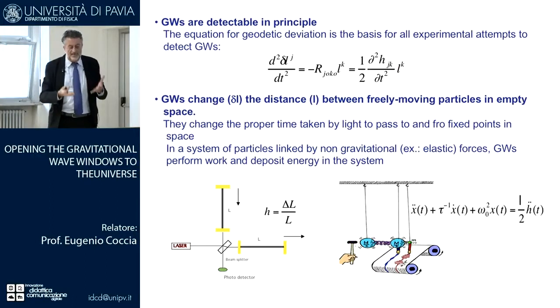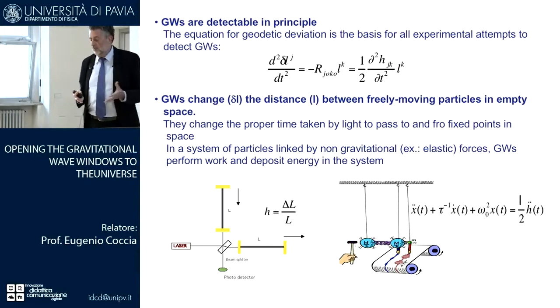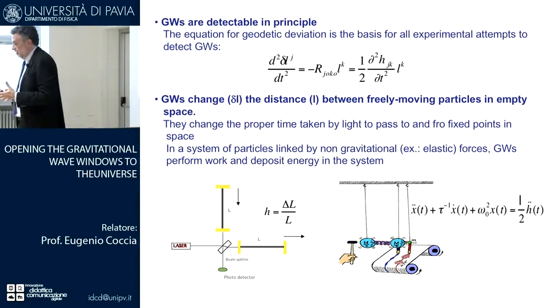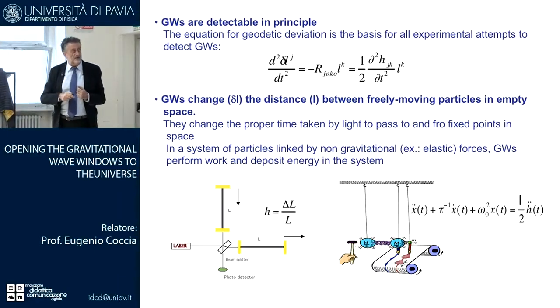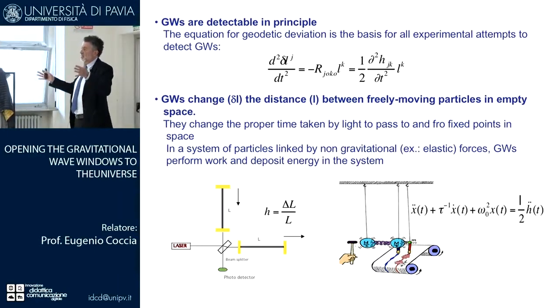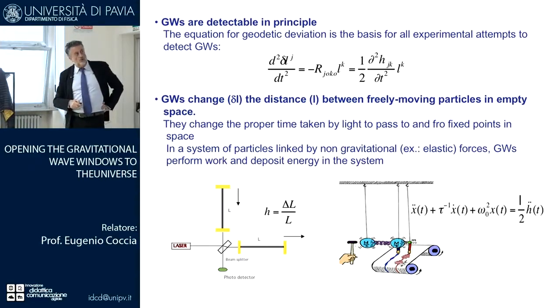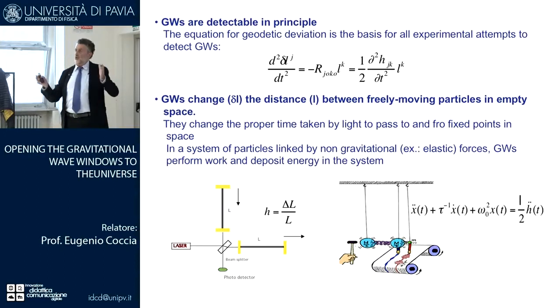And immediately, some people, like Joe Weber, thought about the possibility of detecting them. How can you detect them? For instance, with a laser interferometer, in which you can measure the distance between mirrors using light, or with some sort of spring with two masses, an oscillator, a tuning fork, we would say, that the gravitational wave puts in vibration more or less like a hammer, like a driving term in the equation of a harmonic oscillator.